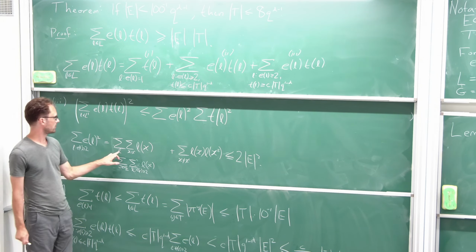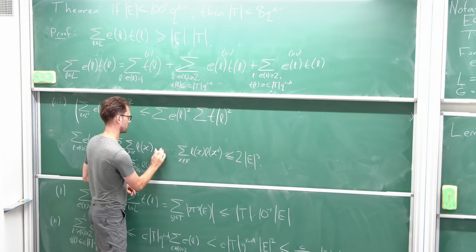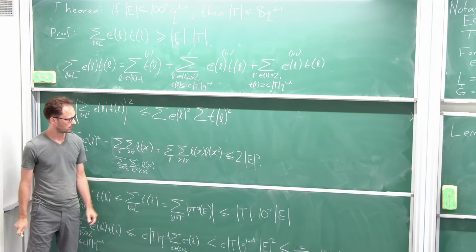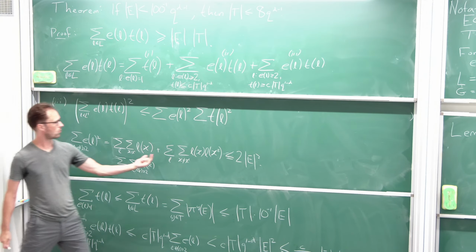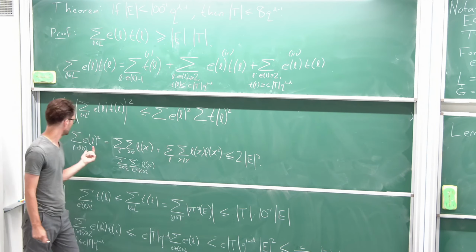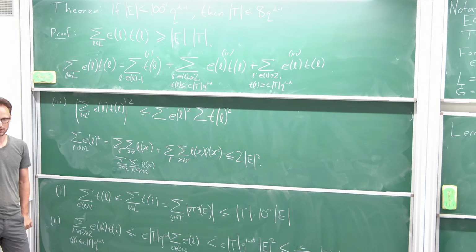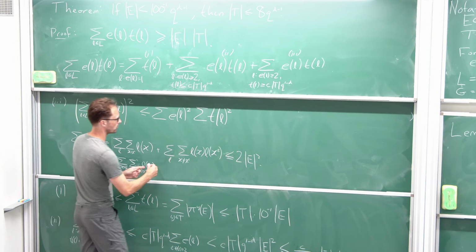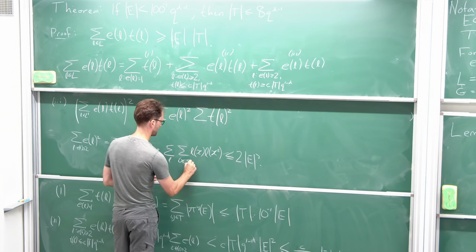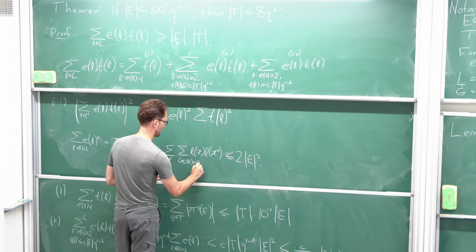So here we split apart. These are ordered pairs, actually. So more precisely, this would be x and x prime ordered in E squared such that x is not equal to x prime.